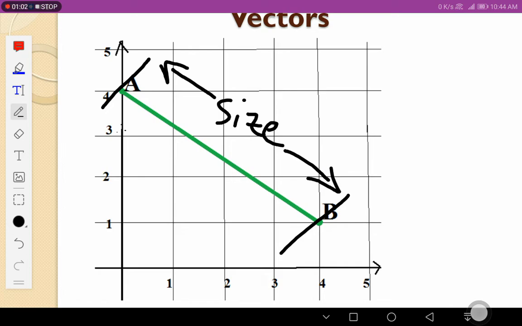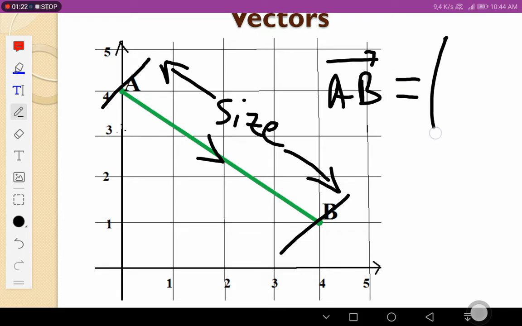Okay, so if we want to find, I can write, for example, our AB there as a vector, AB. So we have an arrow there to show that it's coming from A to B. The vector is, we are moving 4 points on the x-axis, and minus 3 down there.